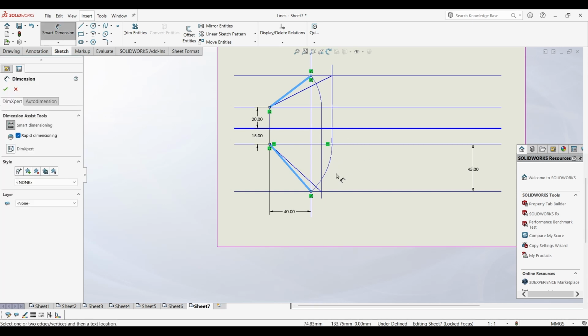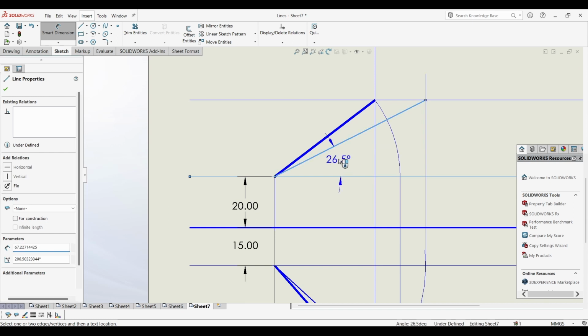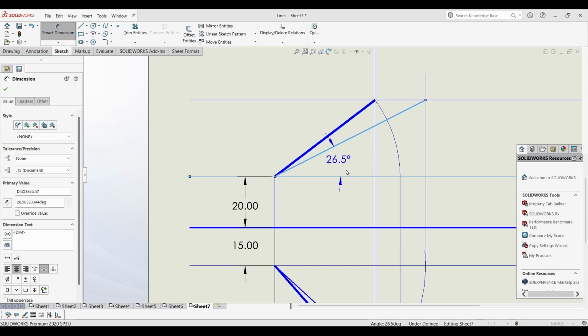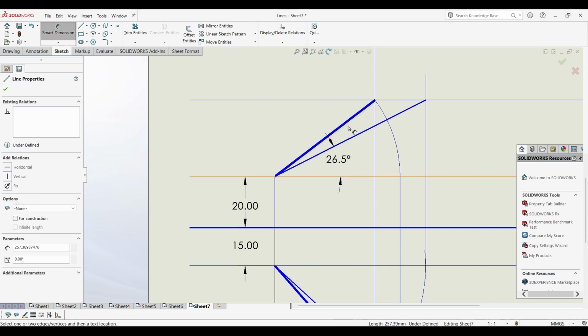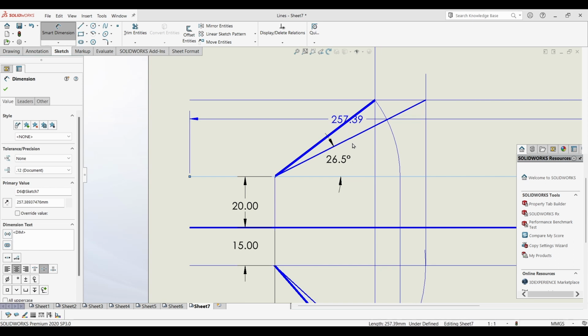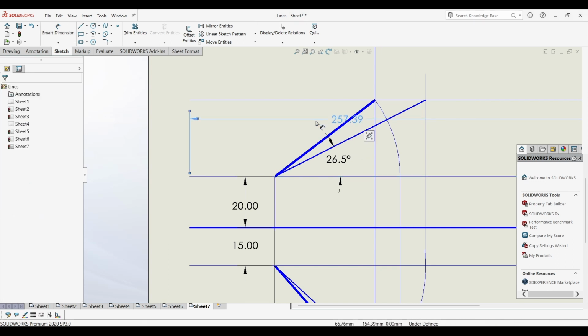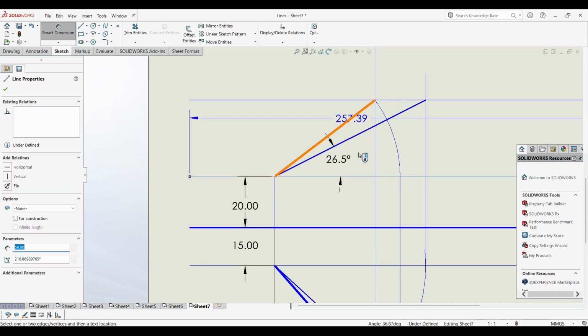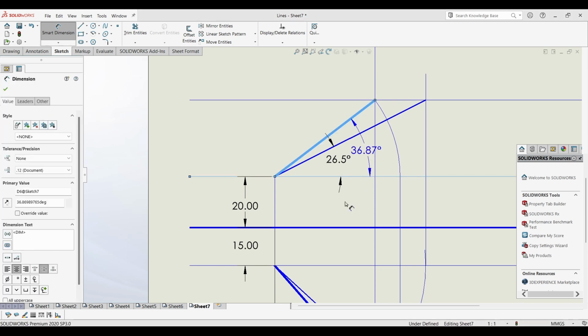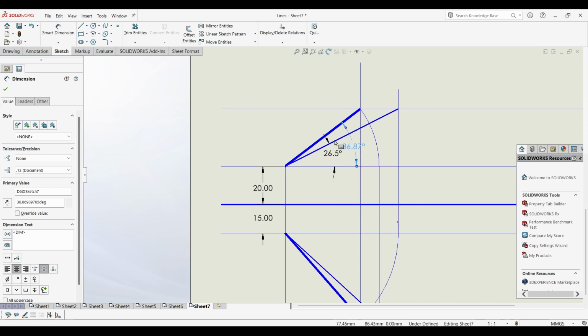Let us do the dimensioning. Here to here. This dimension is also done.